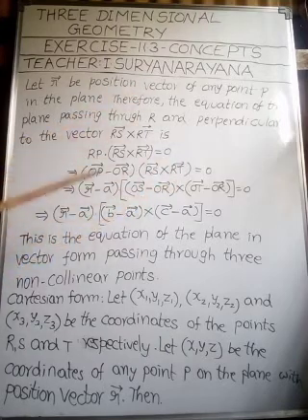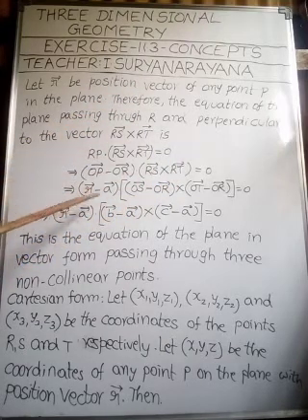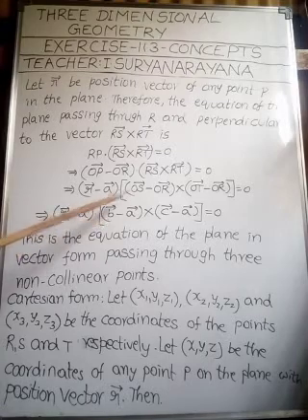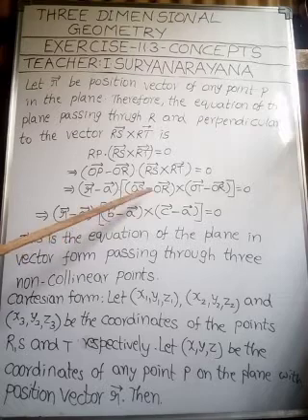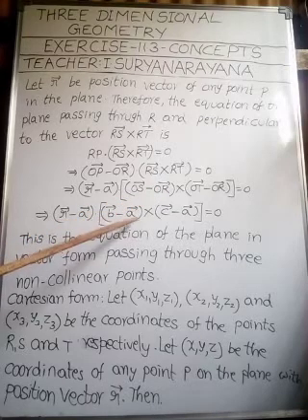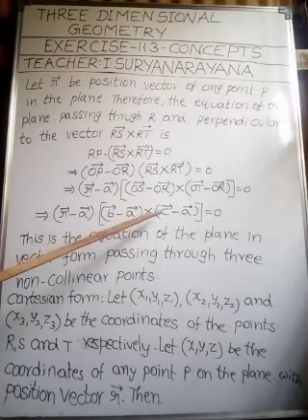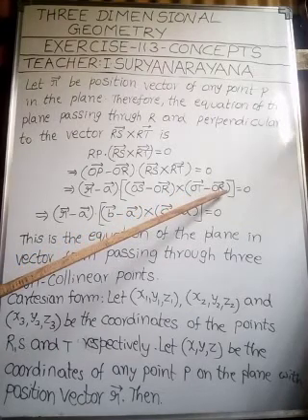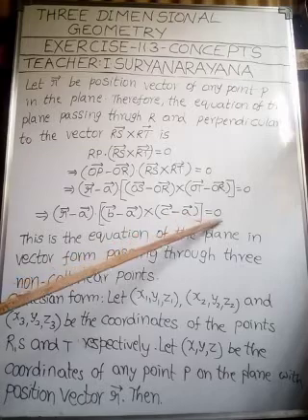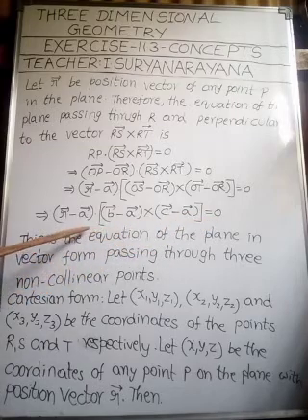Okay, my children? Right. This implies (R bar minus A bar) dot [(B bar minus A bar) cross (C bar minus A bar)] is equal to 0, where B bar is the position vector of the point S, A bar of R, and C bar of T. Understood this equation, my children?